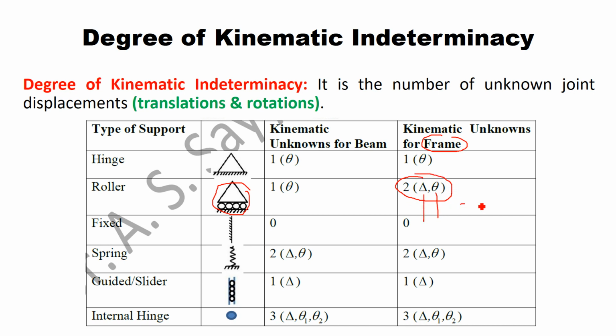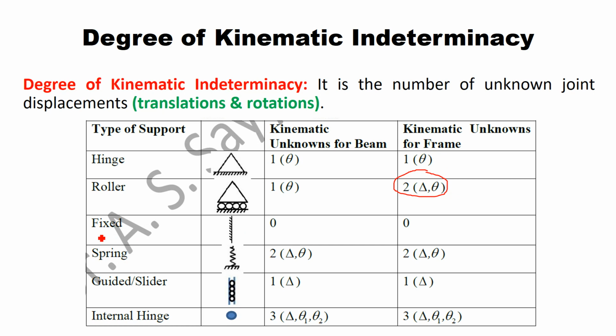So delta is called horizontal displacement or vertical displacement depending on how the roller support is provided. If roller support is provided like this, displacement will be horizontal. If roller support is provided like this, then displacement will be vertical. So if it is a frame structure, displacement at roller support is allowed. So degree of kinematic unknowns become 2 when roller support is provided at a frame.